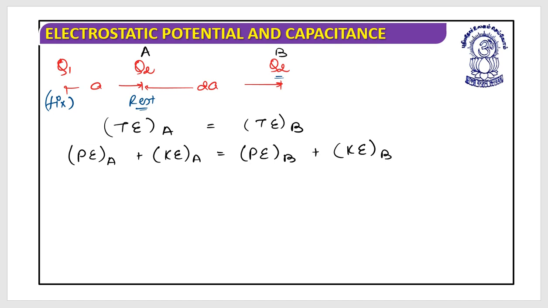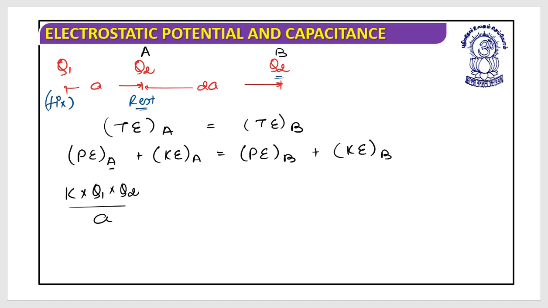Now what is the potential energy at A? While I say potential energy, I mean electrostatic potential energy, and potential energy at location A is K multiplied by first charge multiplied by second charge divided by the separation between these two. It's Kq1q2 by a. I hope this is clear.